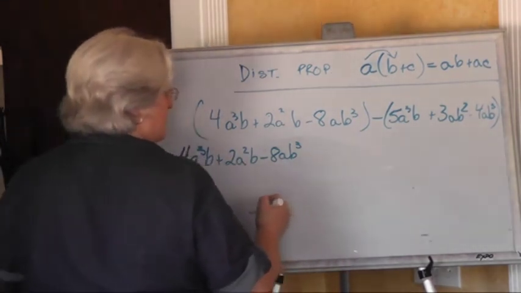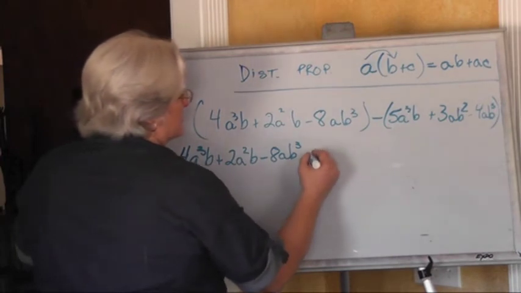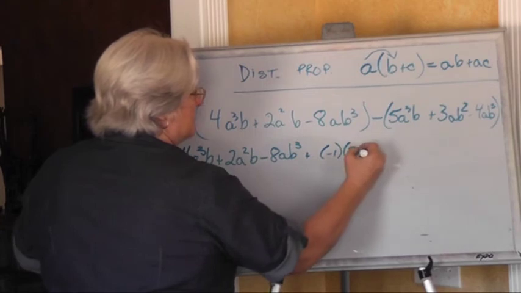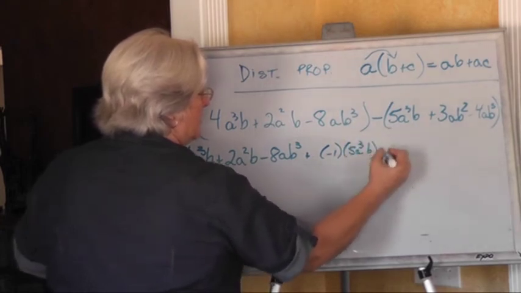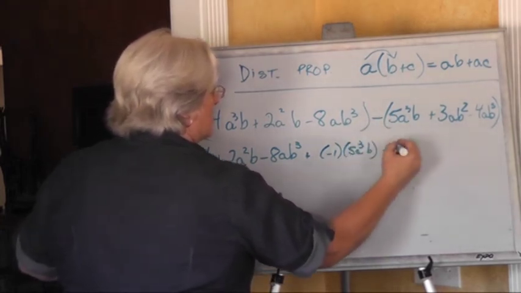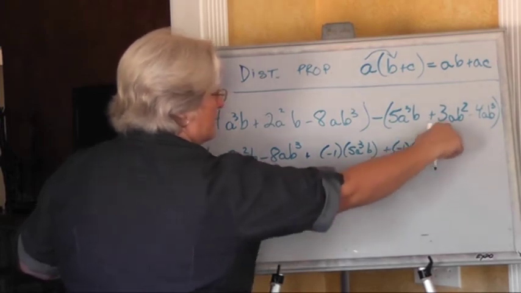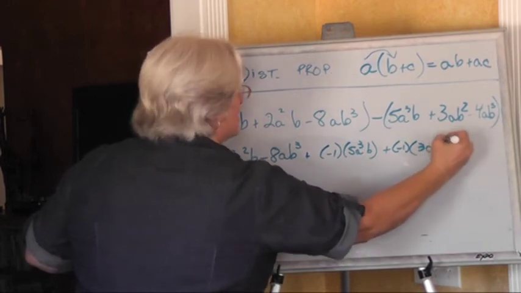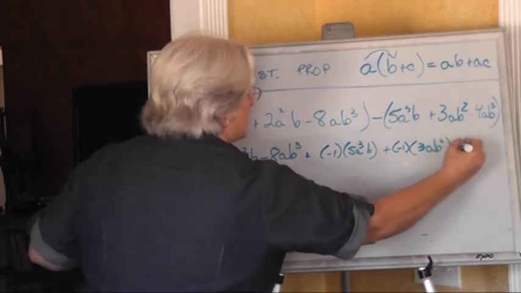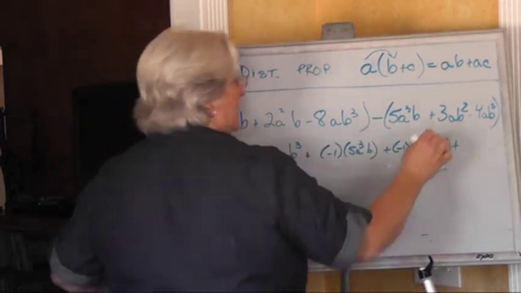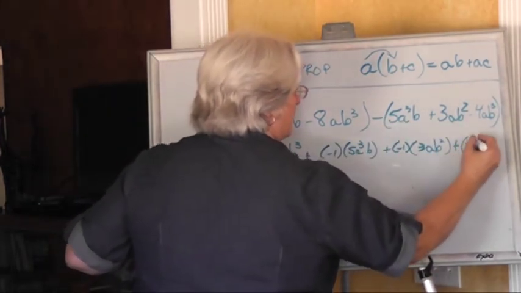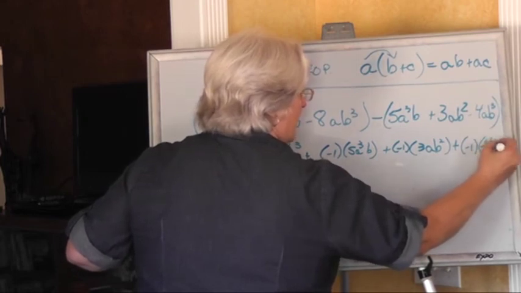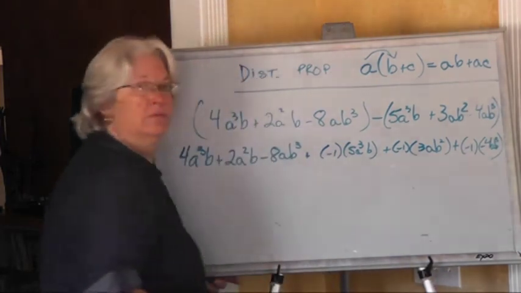So what you have is, let's say, plus a negative 1 times 5a cubed b, plus a negative 1 times 3ab squared, plus a negative 1 times a negative 4ab cubed.